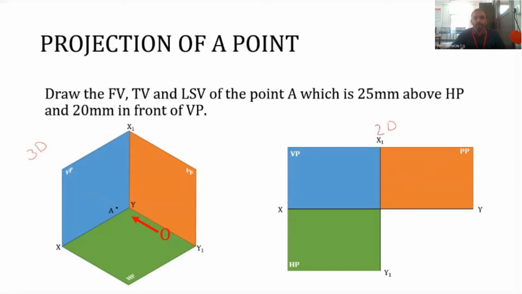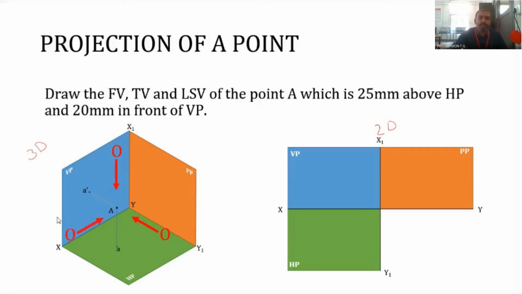A ray of light passes through A perpendicular to the VP, so that we get the front view. So A dash is obtained here. Now, to get the top view, we look from here and we obtain the top view here, which is point A.